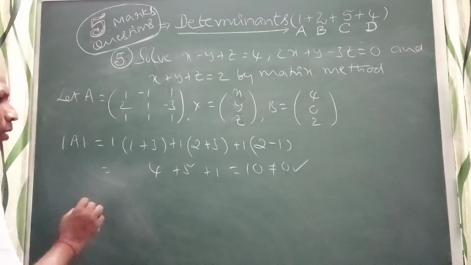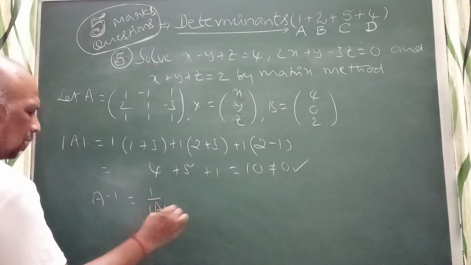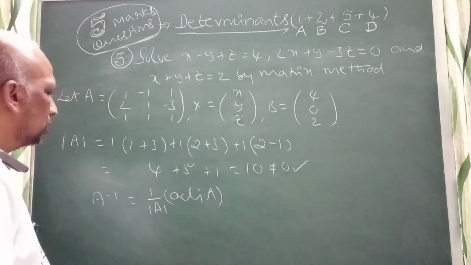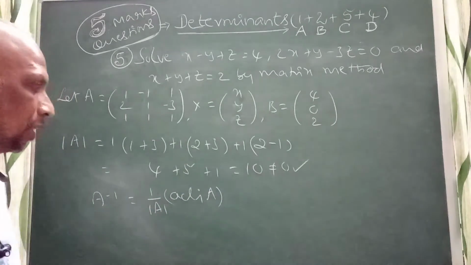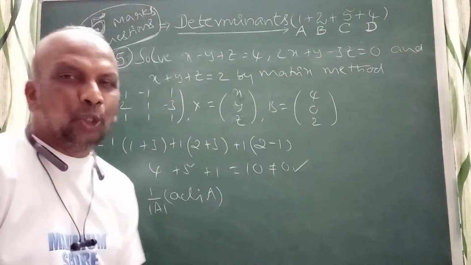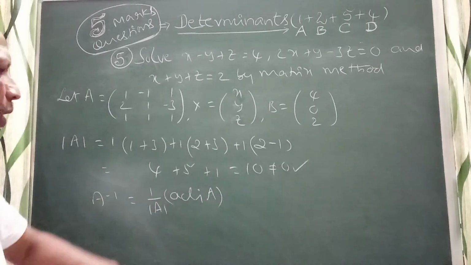At the same time, you can also think of A inverse. A inverse is equal to 1 by det A into adjoint A. I'm going to find adjoint A now. If I find adjoint A, then we can solve the problem easily, right? We got det A not equal to 0.